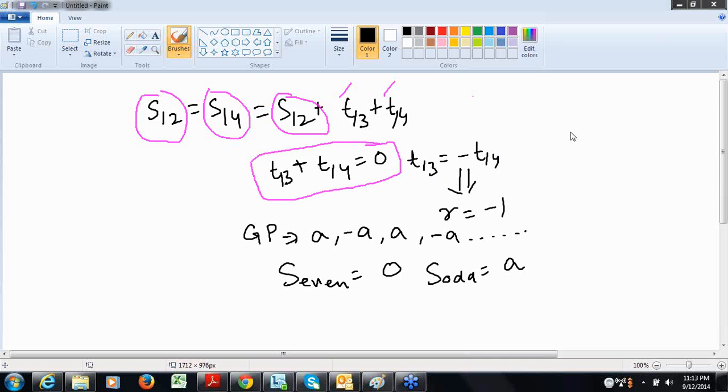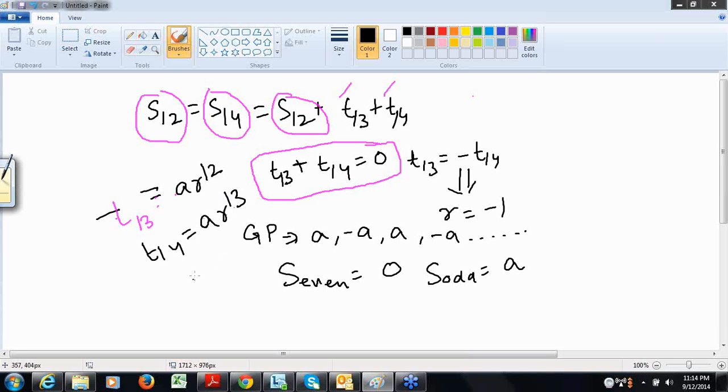Now it's a GP. So term 13 will be A R to the power 12, and term 14 will be A R to the power 13.